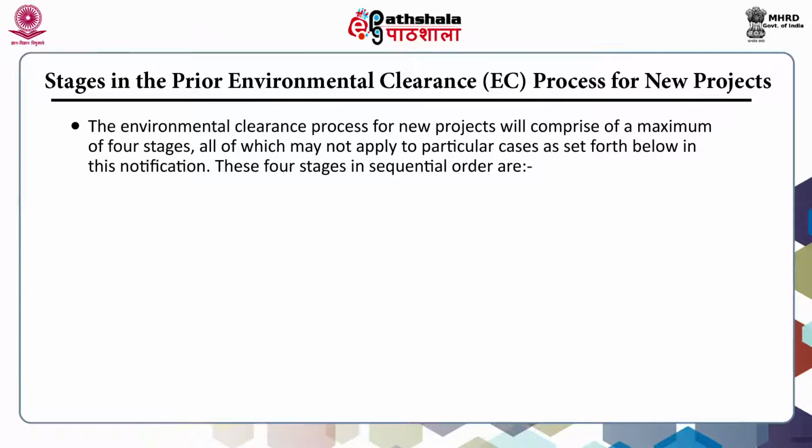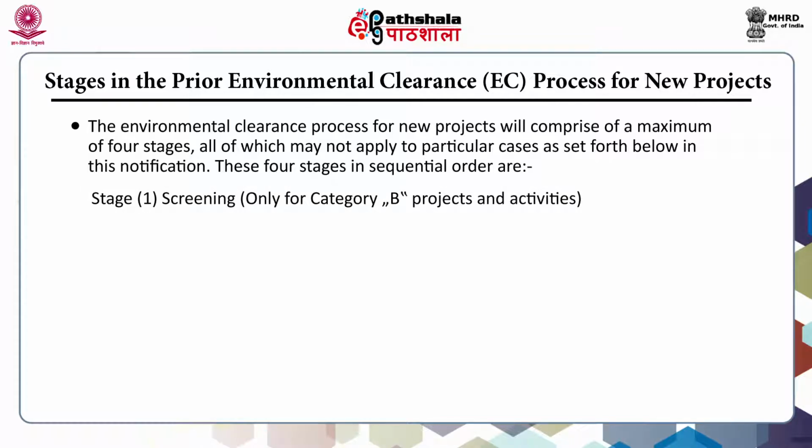The 4 stages in the sequential order are: stage 1, which is screening. It is required only for category B projects and activities. Stage 2, scoping stage. Stage 3, it is public consultation, and then stage 4, final decision.